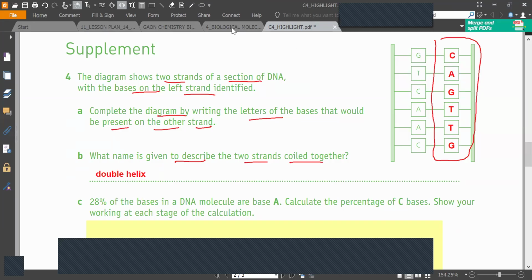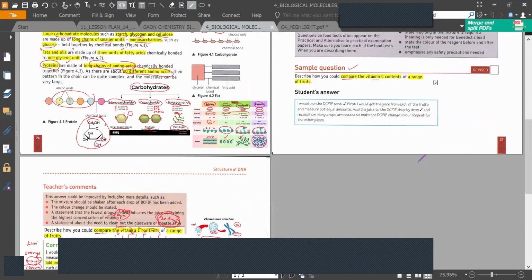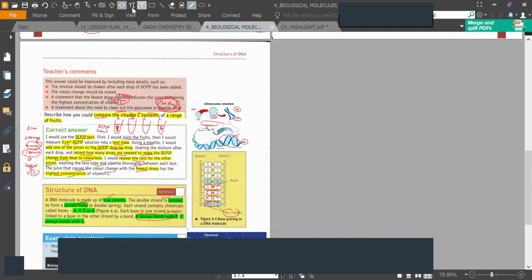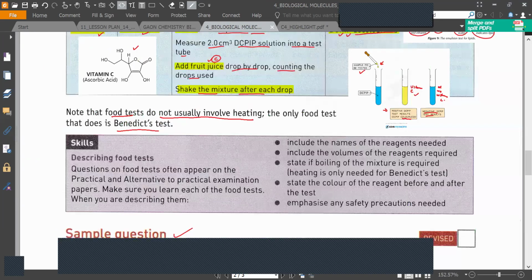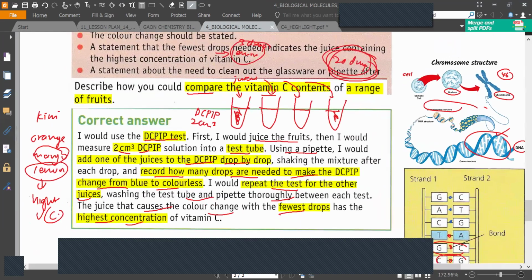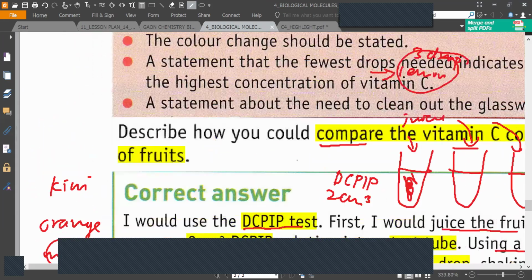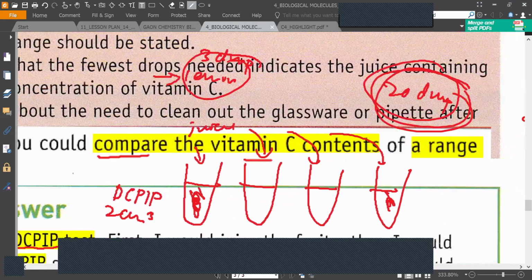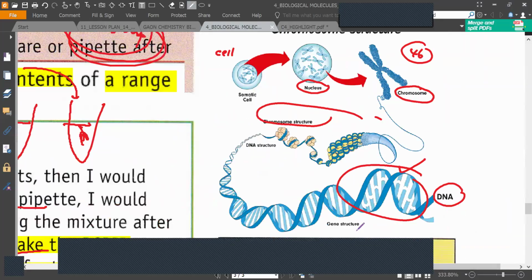As we mentioned just now, DNA, when coiled together, will form this double helix.